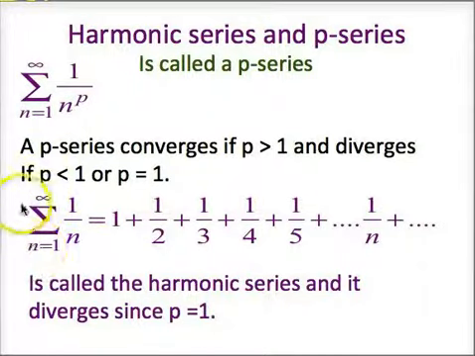This right here is called the harmonic series. It's when the exponent is 1. And this is what the harmonic series looks like. If I were to integrate this series, it would be a divergent series. So our harmonic series will always diverge.